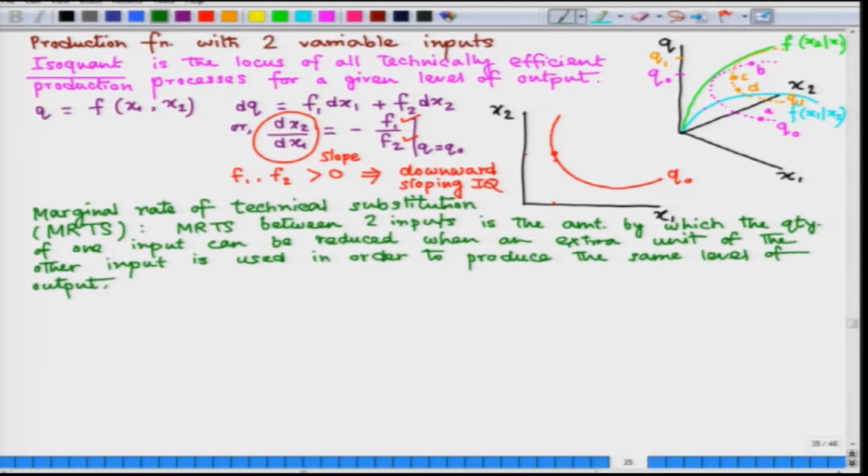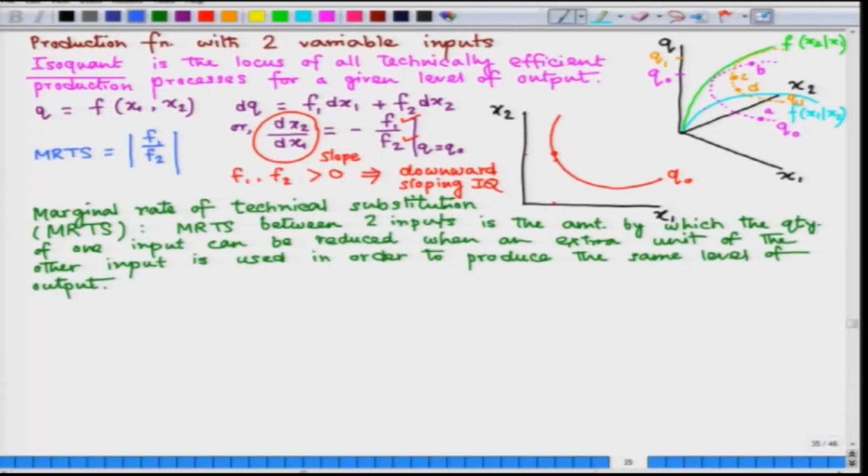And now let us look at a formal definition of MRTS. As in a 3-stage neoclassical production function, we have a stage where the marginal product becomes negative. Here also we can assume that marginal product can become negative.